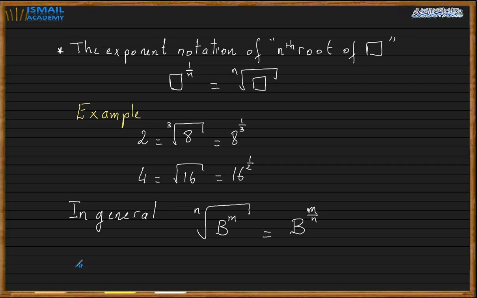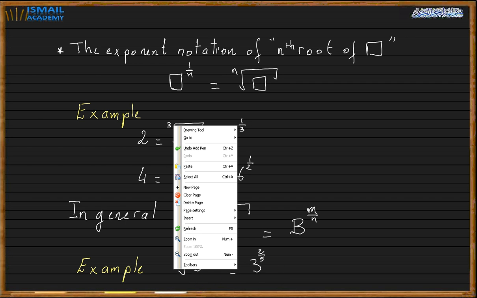For example, the fifth root of 3 squared is 3 to the exponent 2 over 5. So that's the idea behind the lesson today.